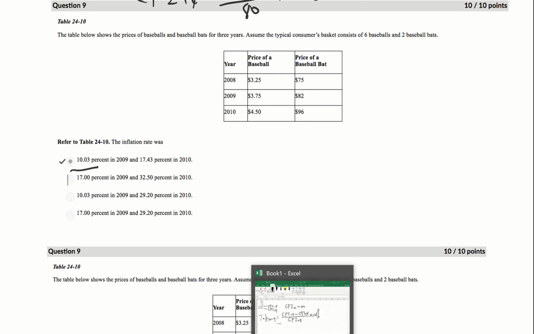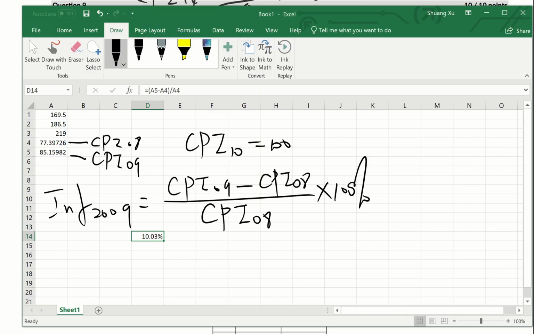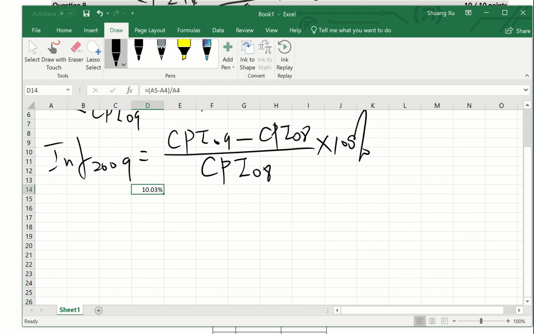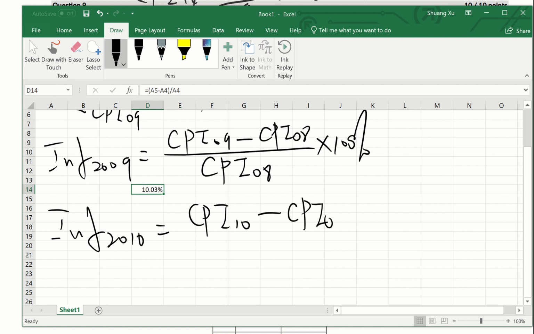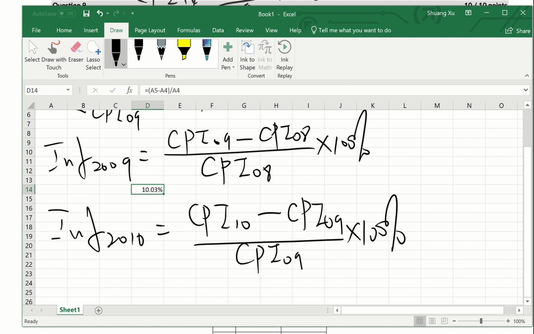And then for the next one, the 2010 inflation. For inflation in 2010, we're going to use the CPI in 2010 minus the CPI of 09, divided by the CPI of 09, times 100%.